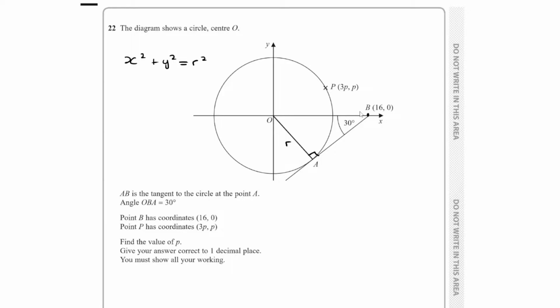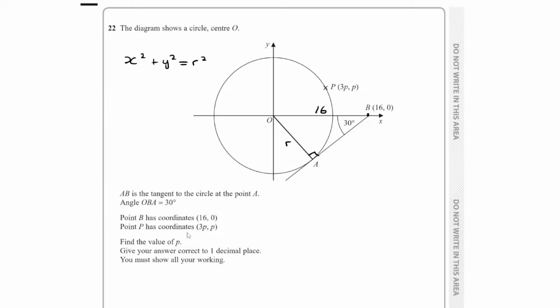And technically, if I know point B is 16, then this side length is 16. So do you see how I pieced all of that together by backtracking a little bit? So I thought, oh, okay, that's fine. That's basically just a right angle triangle. I've got one side, I've got one angle, and I'm looking for another side. So it's just normal trig, just SOHCAHTOA, but in a really complicated context, isn't it?